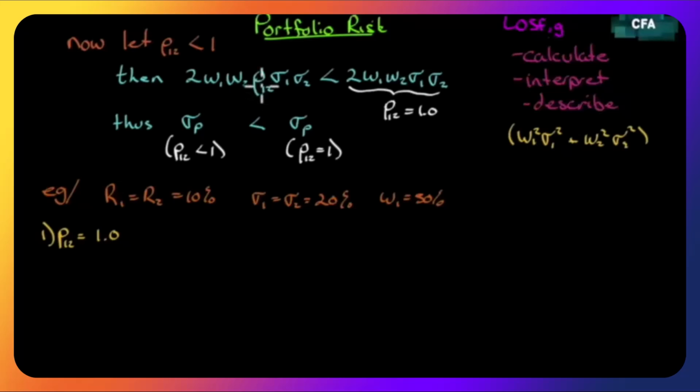So what can we say? If we know that this ends up being the portfolio variance, it equals the first two terms plus a smaller term than when the correlation is 1, which means when the correlation is less than 1, the portfolio variance must also be smaller than if the correlation were 1.